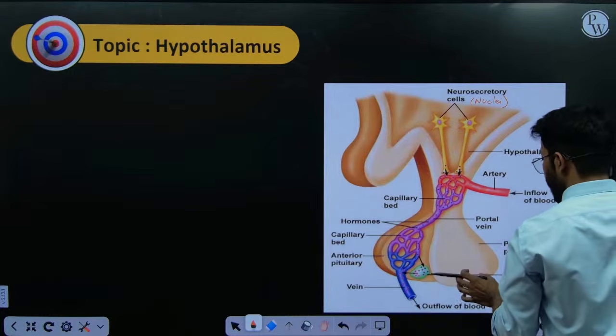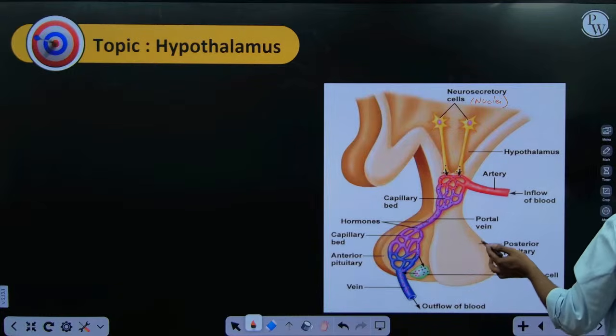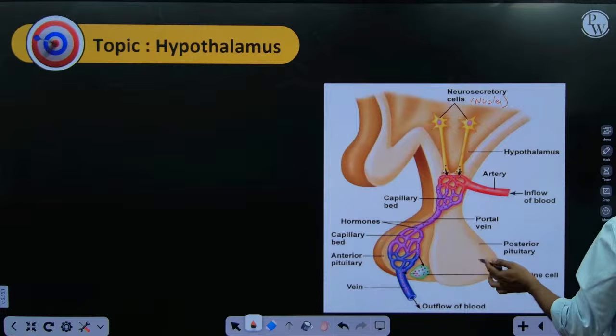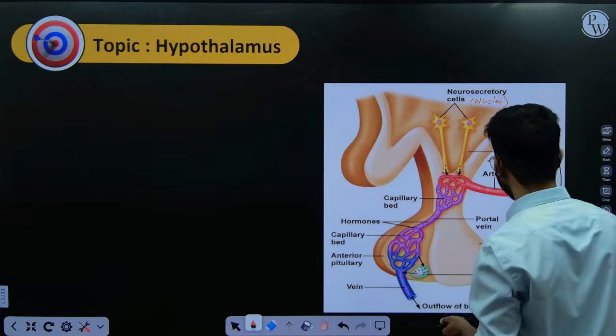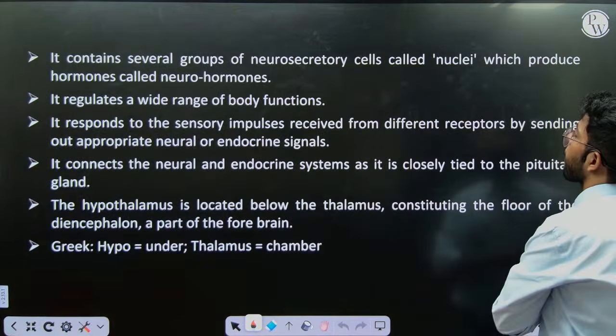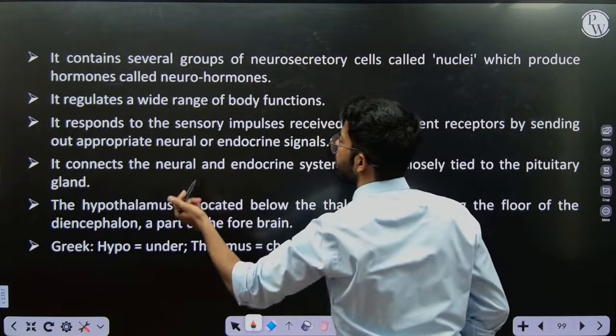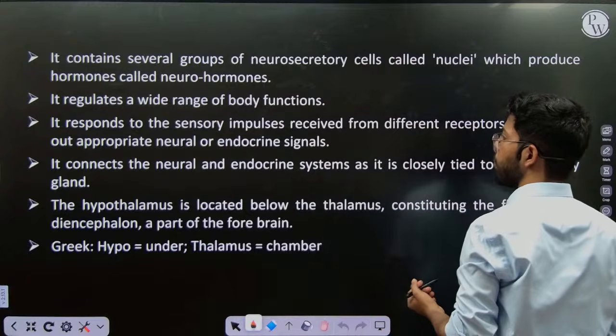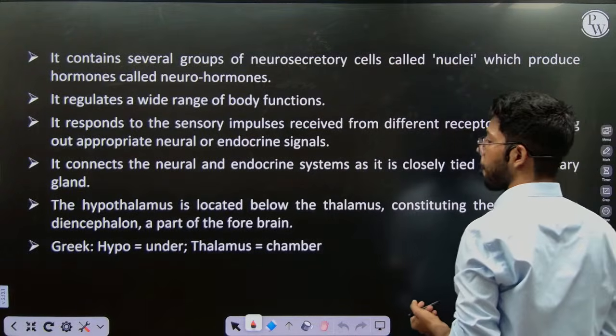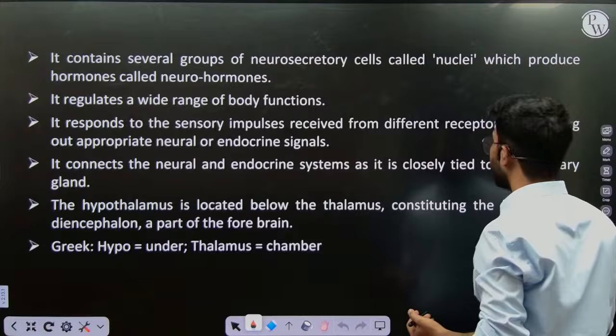Whenever there is a need, the posterior pituitary releases oxytocin and ADH. These neurohormones have a wide range of body functions.